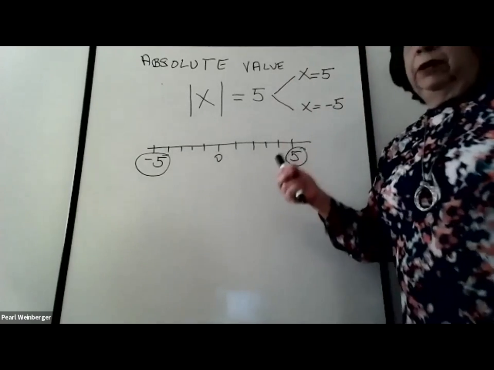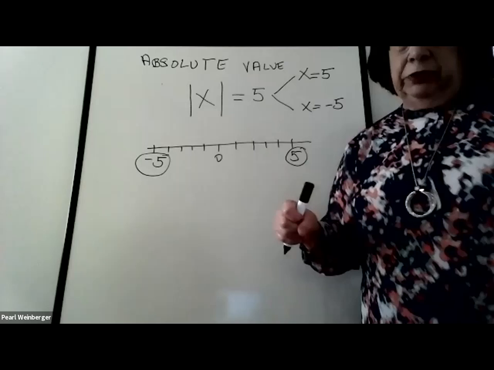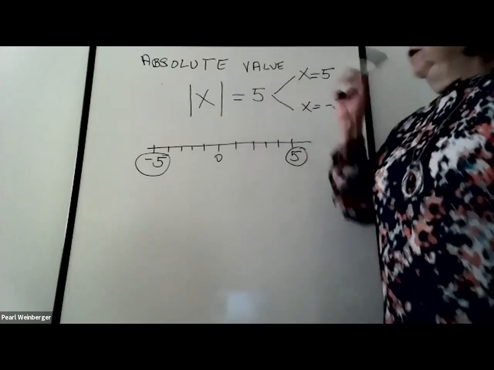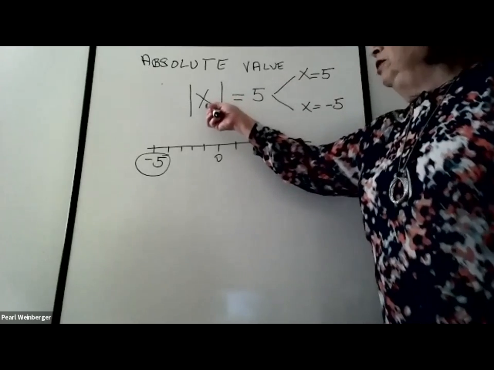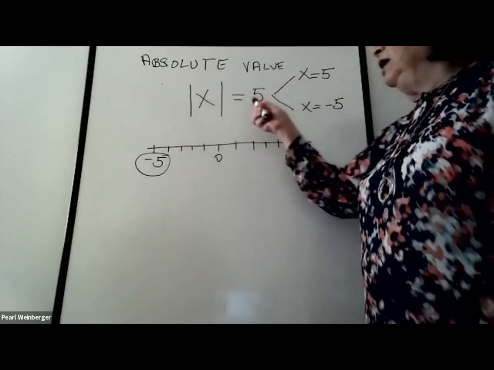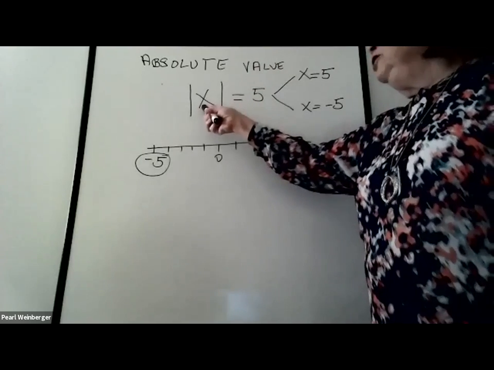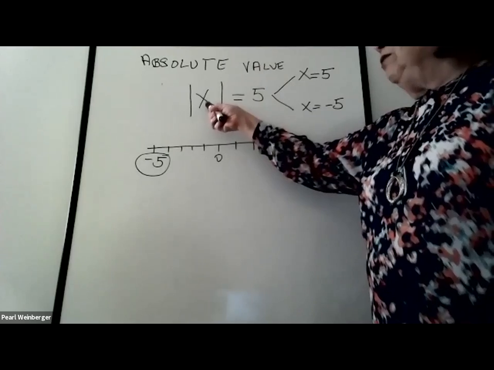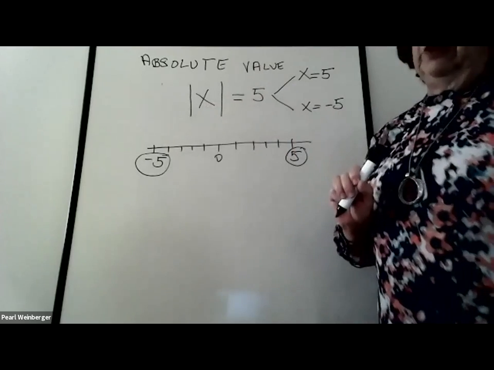This actually makes sense algebraically, or in terms of the numbers as well. Think about it. What could this number be so that when I drop its sign, I'm going to get a 5? It could have just been a plain 5 to start out with. That would have certainly given me 5.